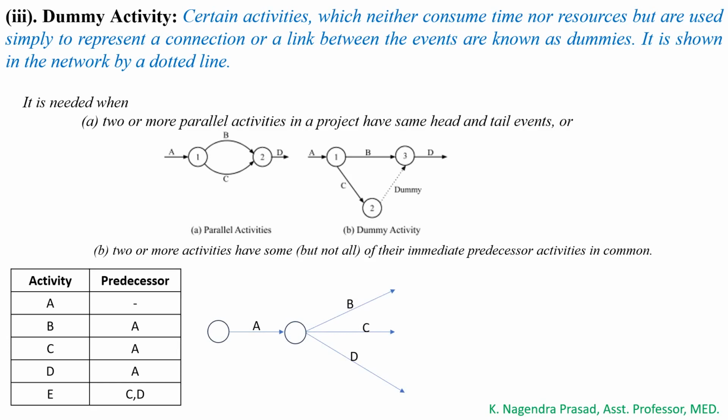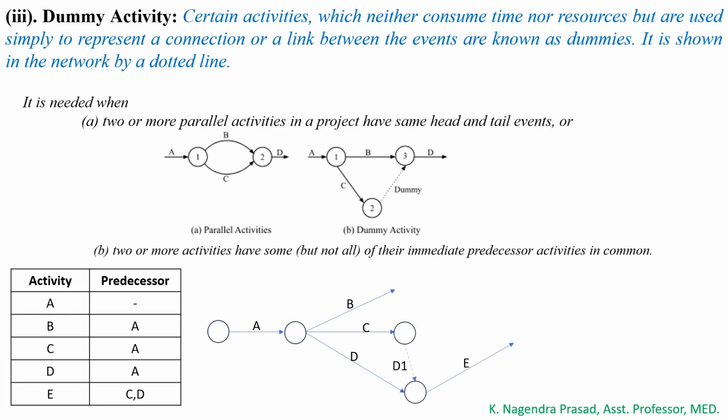After that, activities B, C and D are the successors of activity A. Next, activity E is the predecessor for activities C and D, which means E will not start before completion of activities C and D. Here C and D have the same head as well as tail event. So here also we have to add a dummy activity.